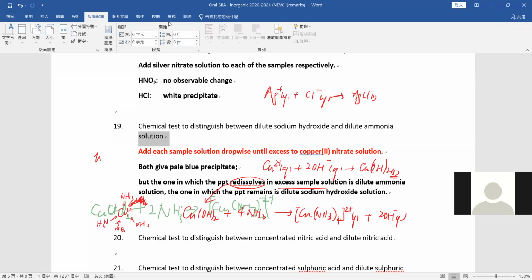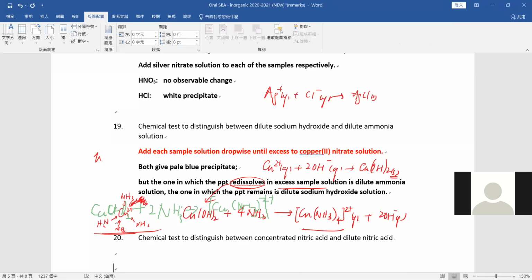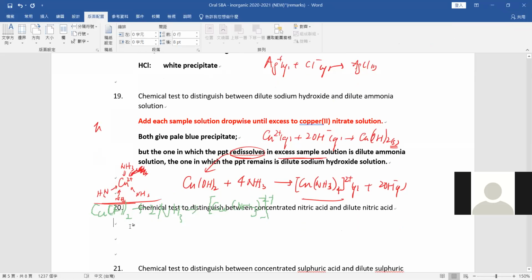Be aware of it, okay? So this tetramine for ammonia, and no need for any further heating. Please remember that equation. Okay. Questions? So thank you, some of you who have contributed something to it.